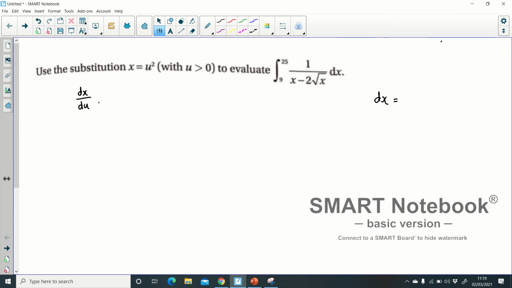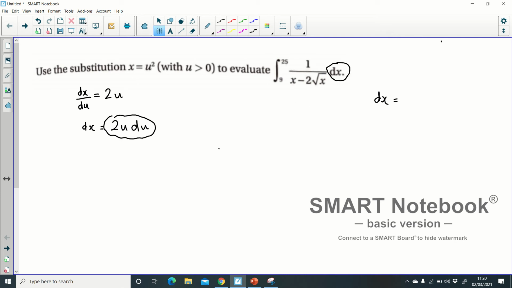Okay, and I'm going to just differentiate what they've given me, and that gives me 2u. Now remember, I want dx equals, so I just need to rearrange this. So it becomes dx equals 2u du. Now this thing here can be substituted in place of this thing here in a moment.